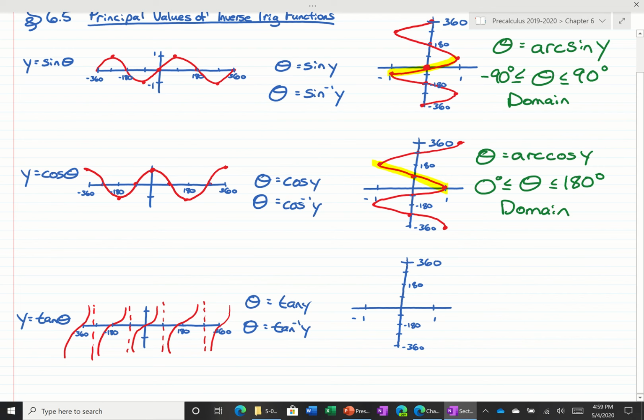That's what that looks like, and if we were to reflect it over, it's a little bit hard to see, but the graph of the inverse tangent would look like this.